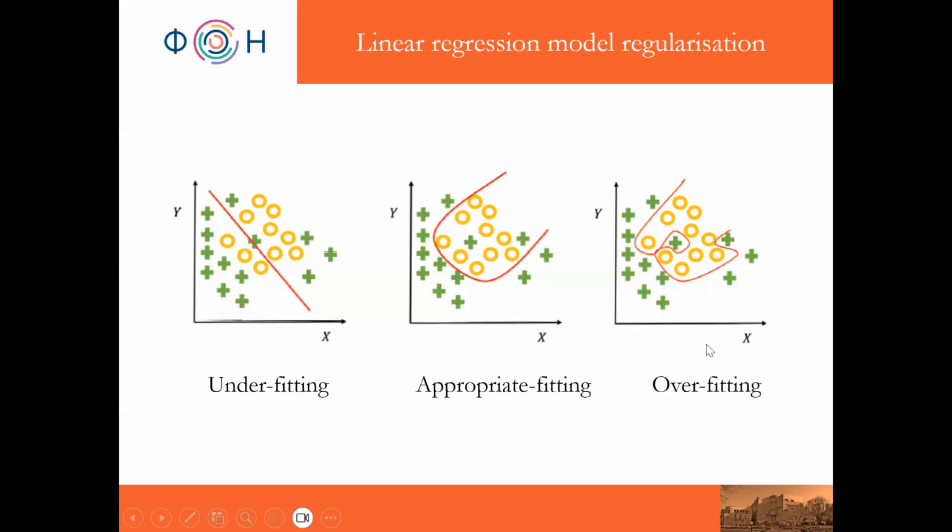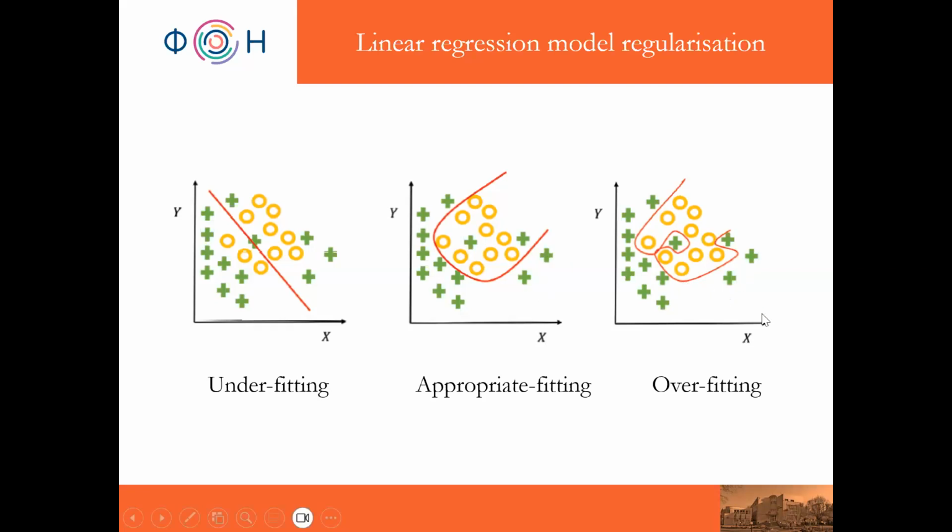On the last graph, we have overfitting. In this case, our line is too perfect. Our line perfectly makes a distinction between the green and the yellow signs. So here our line is overfitted, it is perfect. So maybe if we insert new entities in our graph, our line is going to underperform, which might not be the case if we have appropriate fitting.